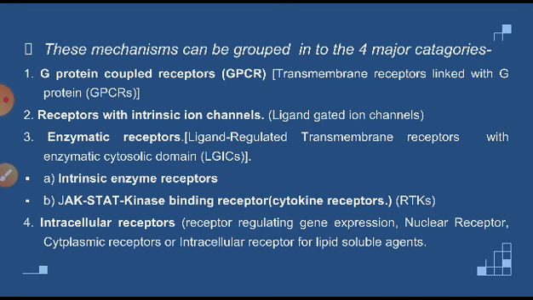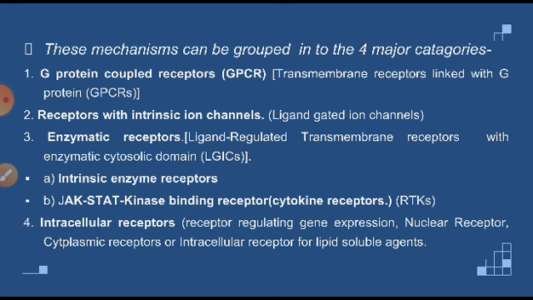If you remember that a particular drug acts by mechanism number 2, and you know which is mechanism number 2, then you can explain it very nicely. I'll tell you these 4 major categories. After this video and the next video, I want you all to have these transducer mechanisms at your fingertips.